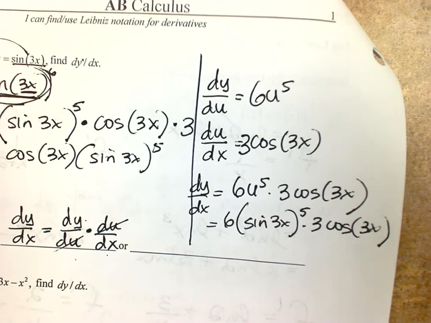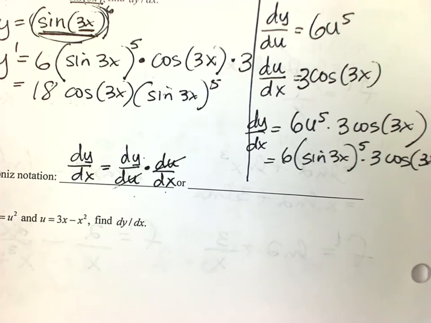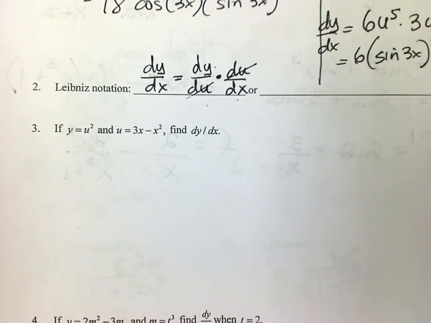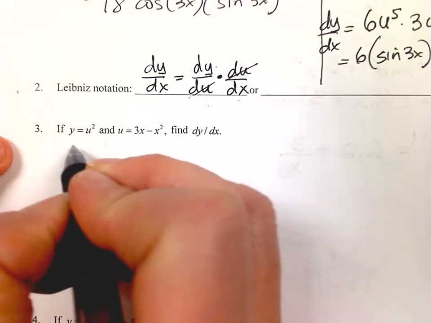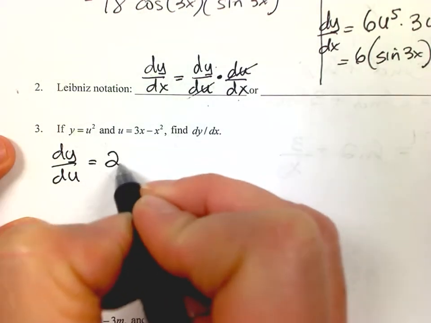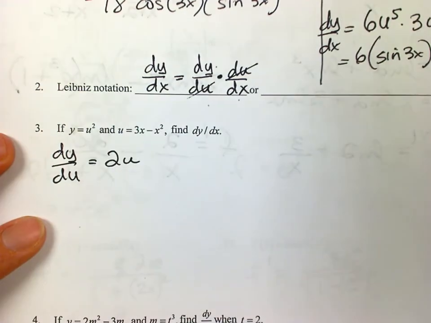Okay? So if I look at number 3 and I just do the same thing, it's already separated into those two pieces. So you decide, do you want to substitute first or do you want to substitute at the end? Because I'm using Leibniz, I'm going to substitute at the end. So I'm going to say dy du will be equal to 2u. That's all right.